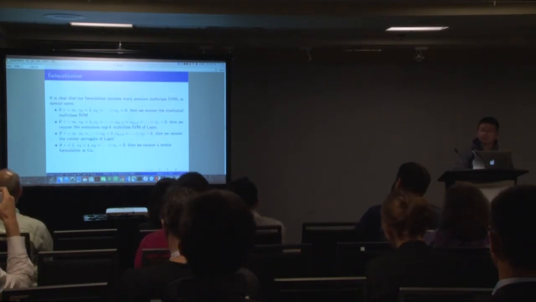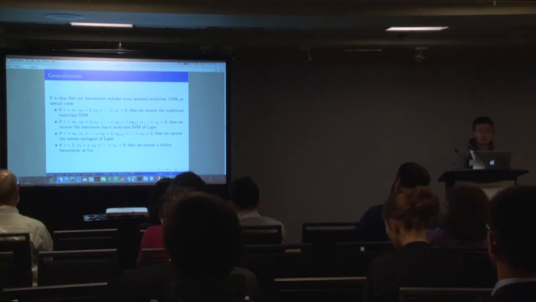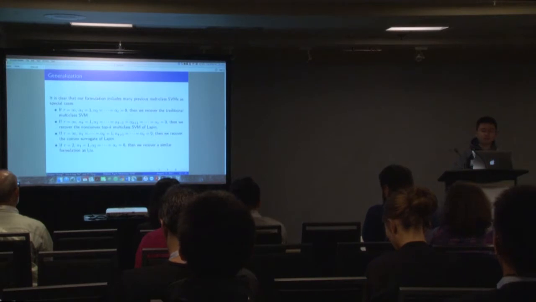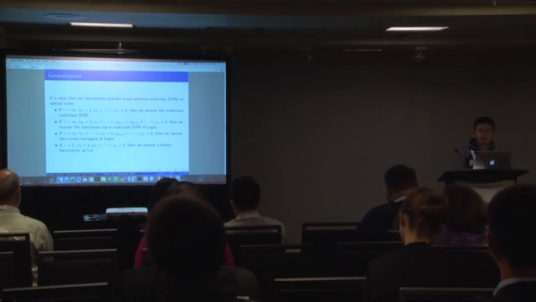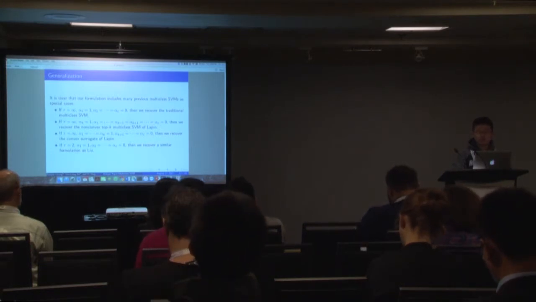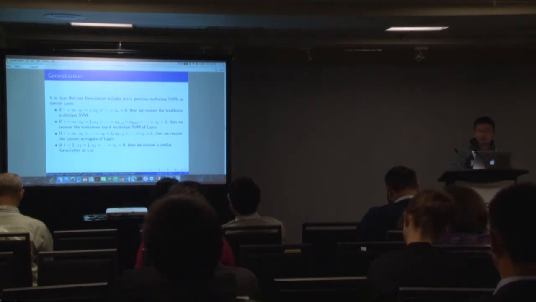And it is clear that our formulation includes many previous multiclass SVMs as special cases. If tau equals infinity, alpha 1 equals 1, and alpha 2 through alpha c equal 0, then we recover the traditional multiclass SVM. If tau equals infinity, alpha k equals 1, and alpha 1 through alpha k minus 1 and alpha k plus 1 through alpha c equal 0, then we recover the non-convex top-k multiclass SVM.